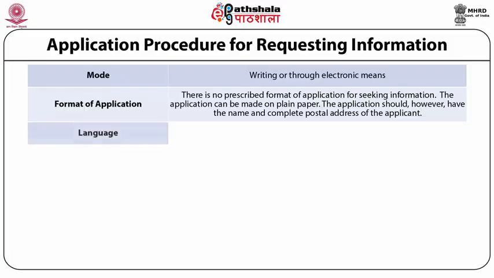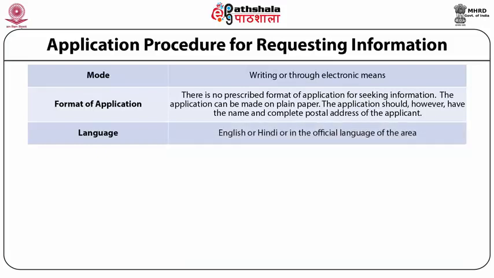As far as the language of the RTI application is concerned, it allows English or Hindi or the official language of the area, which means that language is not a barrier in asking for RTI. It is also to be noted that reason for seeking information under RTI is not mandatory and it is not to be given.